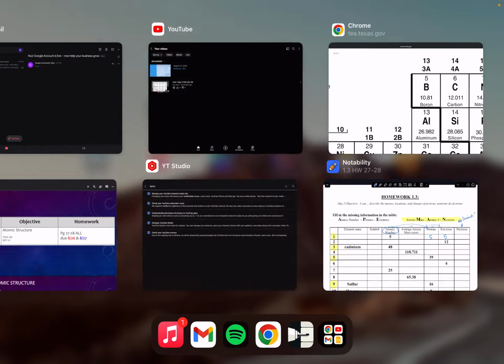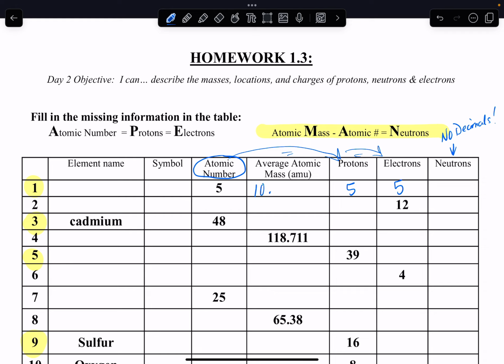So 10.81 is my mass. So to find the number of neutrons, I have 10.81 rounded is 11 minus 5. That's 6 neutrons. Okay, that was boron as my element. Boom, number 1 done.